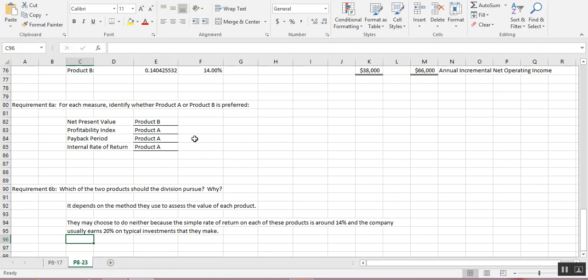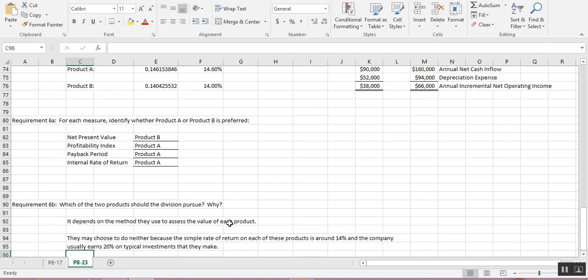With payback period, you want the shortest payback period. In other words, you want to make back your money as quickly as possible. And with internal rate of return, you want the highest rate of return. Then with the simple rate of return, I compared that to what they typically earn on their investments. So I hope this was helpful.